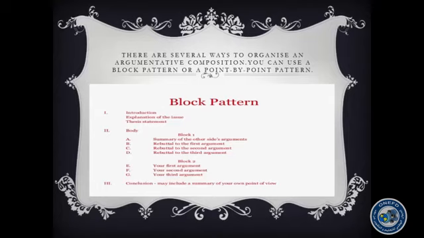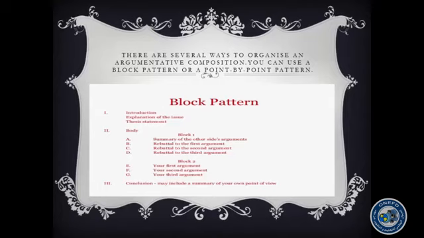In the first block, you write a summary of the other side's arguments, and then you must have a rebuttal to each argument in the summary. The second block is where you add your own personal arguments, and the conclusion is of course a summary of your own point of view.